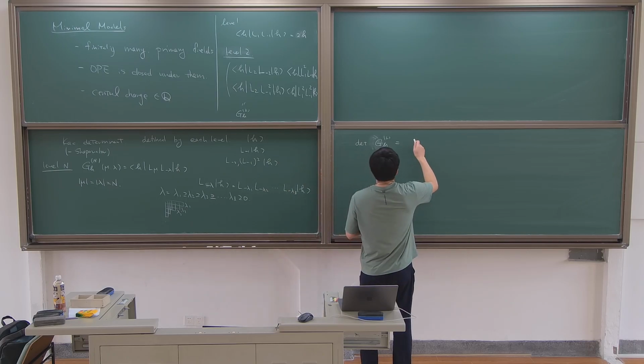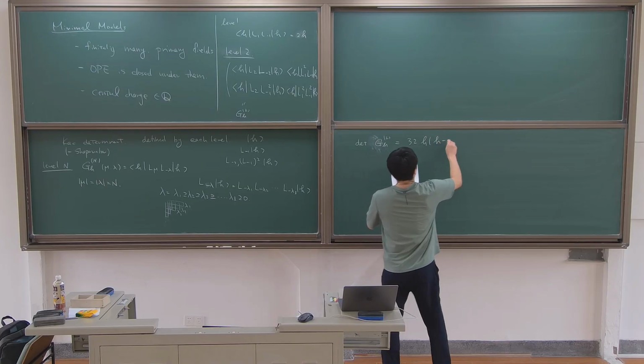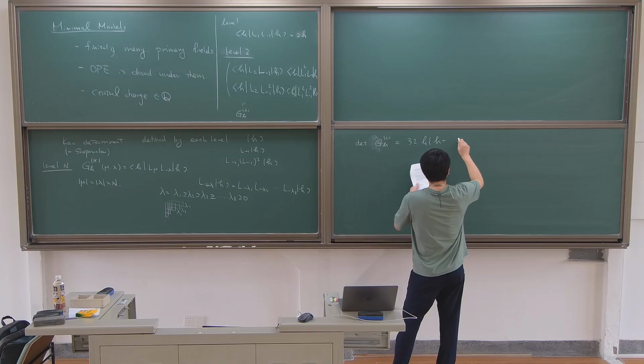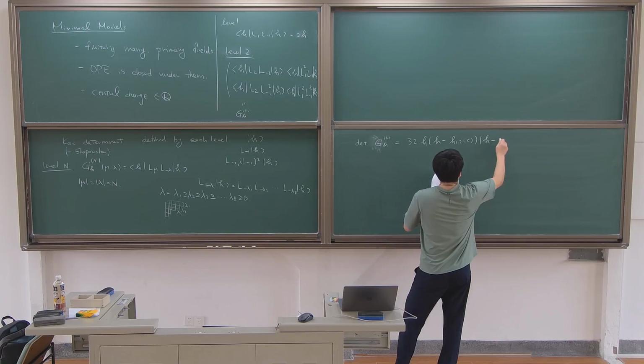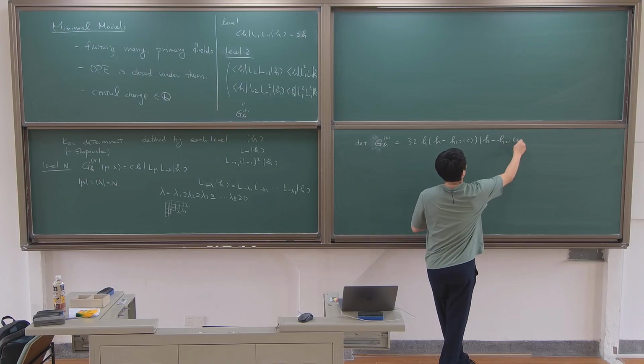So that is the Kac determinant, and the level 2 case is given by 32 h (h − h_{1,2}(c))(h − h_{2,1}(c)).